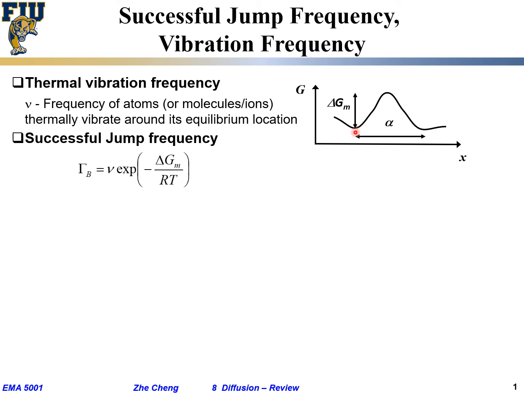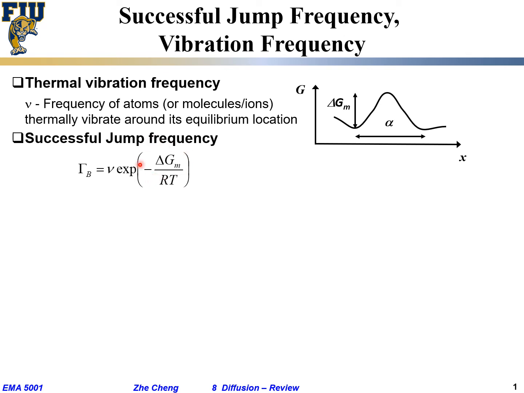And the relationship, as we talked about in this class, is that the successful jumping frequency, gamma B, gamma for successful jump frequency, B for, let's say, an impurity atom, is related to the vibration frequency times an exponential factor, a probability, that is negative delta GM, the migration barrier, divided by RT.